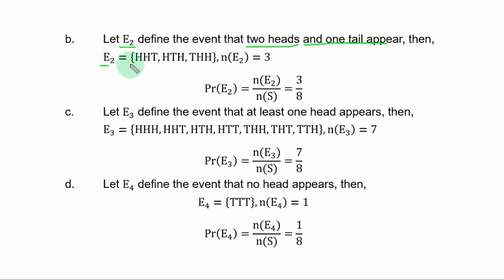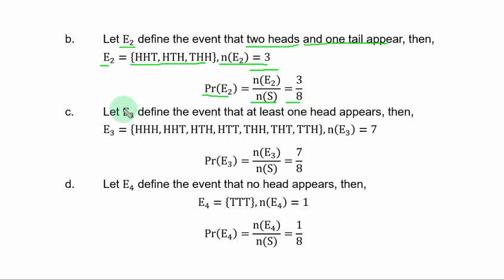When you do that, you have this subset, and three elements are inside. Therefore, the probability of E2, that is two heads and one tail, is equal to the number of elements in E2 over the total elements in the sample space, and that is 3 over 8.